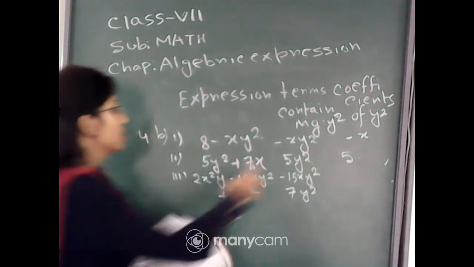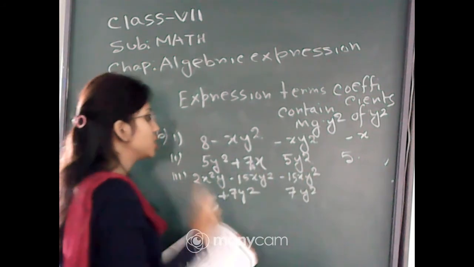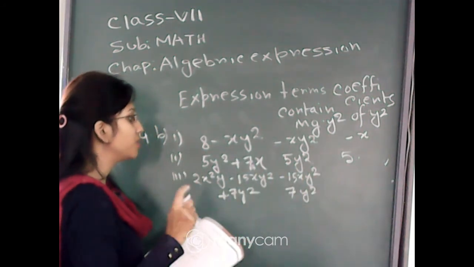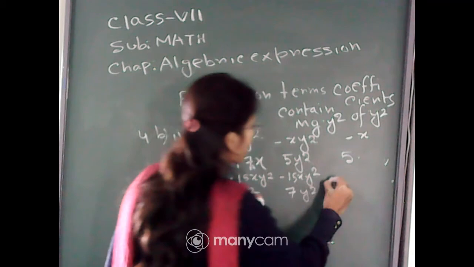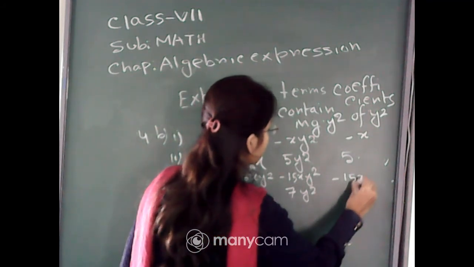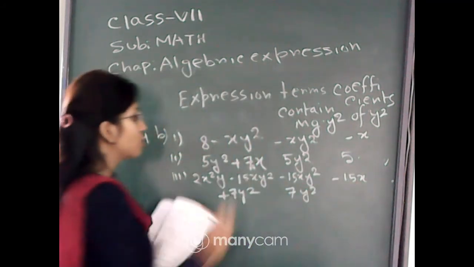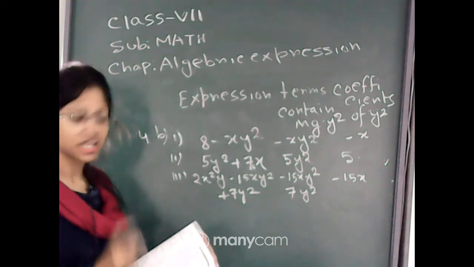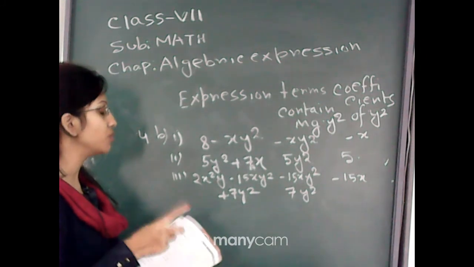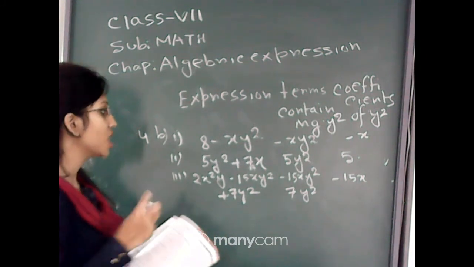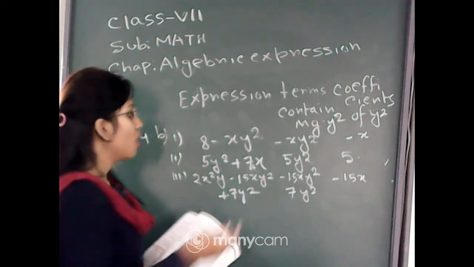Now, in the term minus 15xy square, the coefficient of y square is minus 15x, since it is the product of minus 15x and y square.